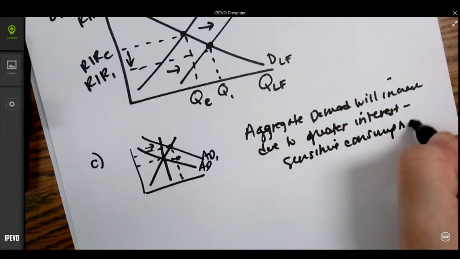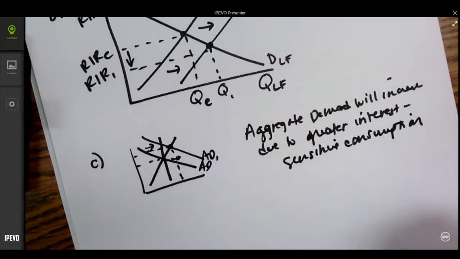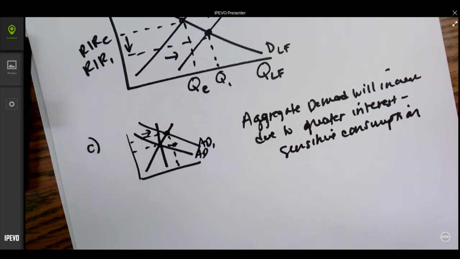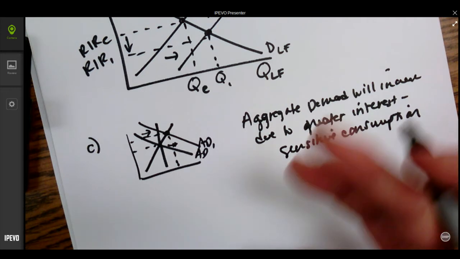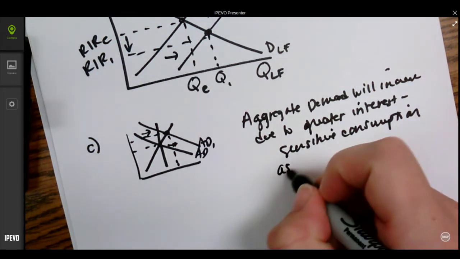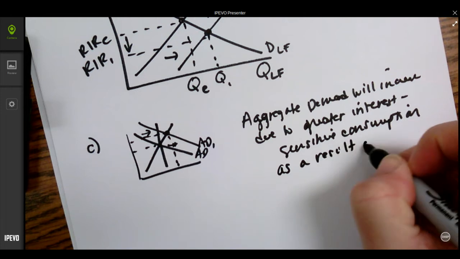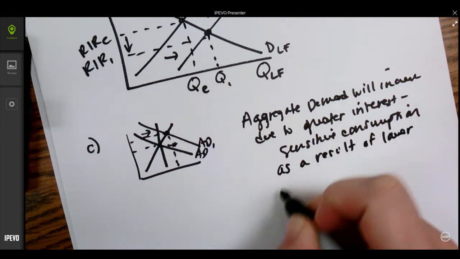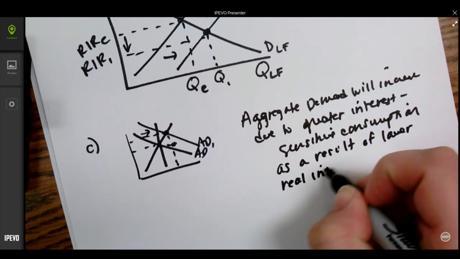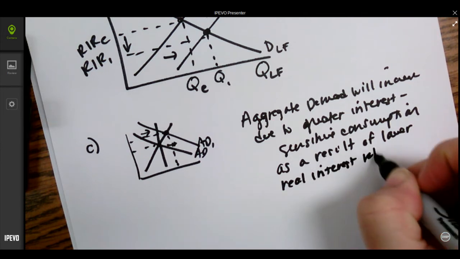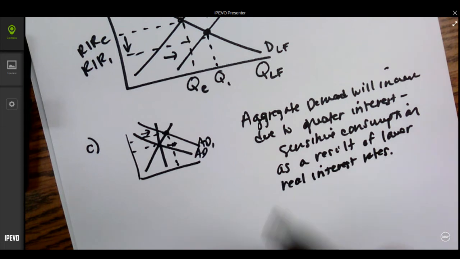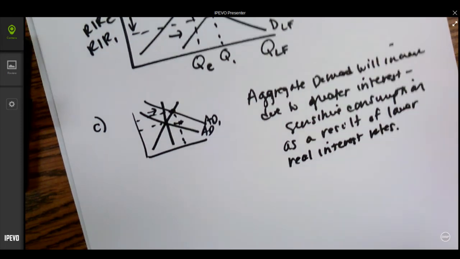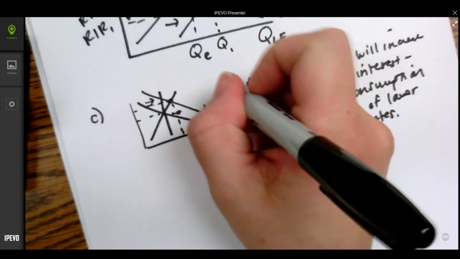And remember, interest-sensitive consumption is a great way of summarizing both consumer spending and business investment. That's C and IG, part of aggregate demand, as a result of lower real interest rates. So that answer implies people are going to borrow more, businesses are going to borrow more, they're going to turn that money into spending. Boom, there's my answer for part one.